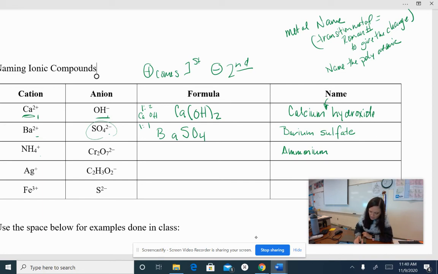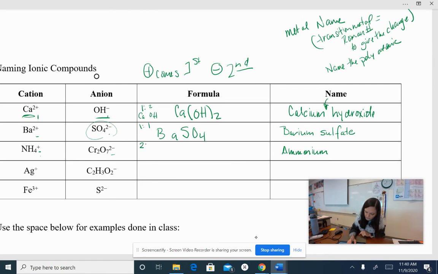Now, let's look at the charge. Positive 1, and we've got a negative 2. So if I look at my least common multiple between a 1 and a 2, I need to have 2. So how many positive 1s do I need to have a positive 2? I need 2 of them. And how many negative 2s do I need to have a negative 2?